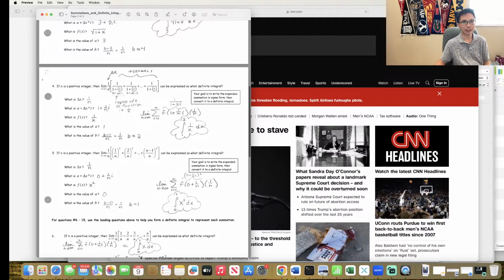And this is delta x, so that means a to b is exactly 1. But where do I start? Well, I start with a, so a plus delta x times i is right here, therefore it is 1 plus i over n. This is 1 over x. This is 1, this is 2. Integral from 1 to 2 of 1 over x dx.